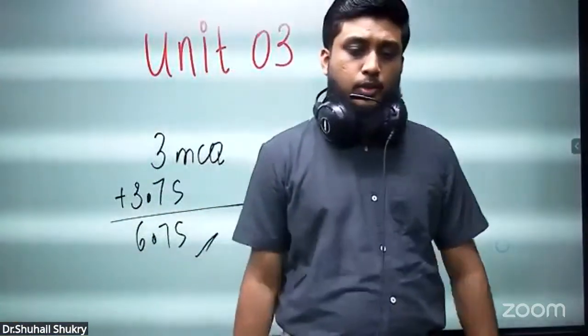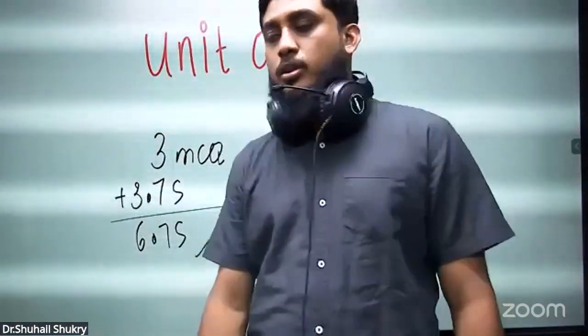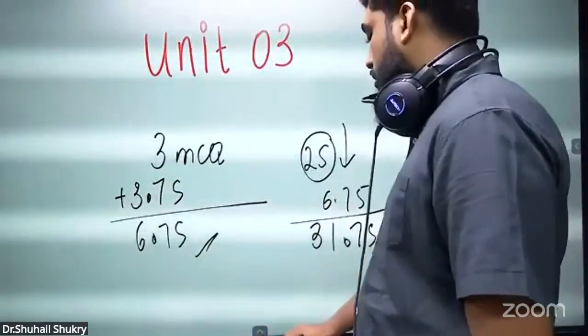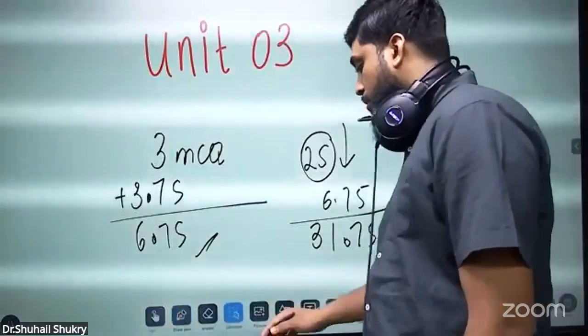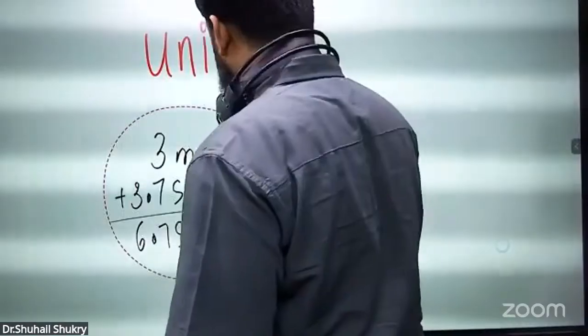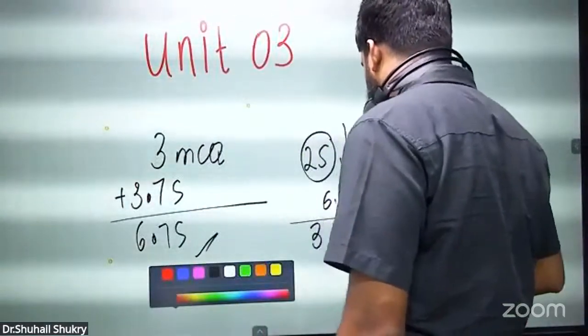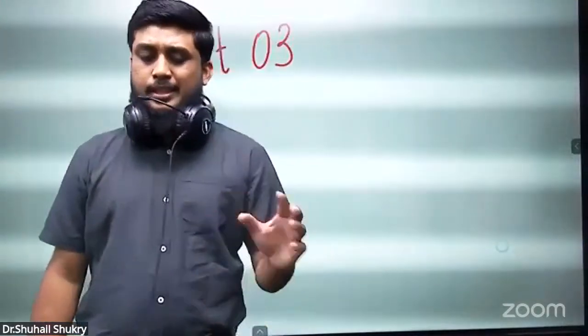First of all, you should understand the importance of unit 3, right? First write the heading: unit 3, chemical calculations. First of all, we'll write the notes.